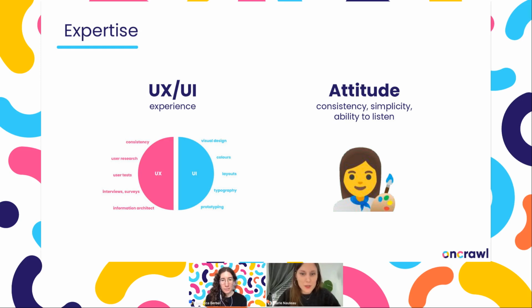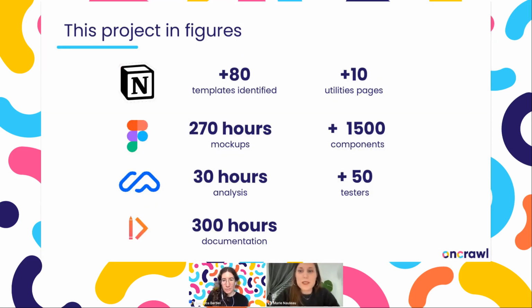So first, I would like to present this project with some data. As you can see, we have 4 main tools to accomplish this challenge and a few hundred hours of work. The first one is Notion, an internal and collaborative tool to share knowledge between teammates.